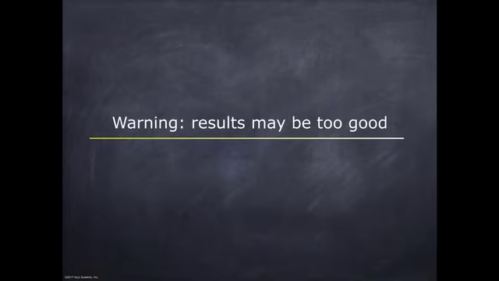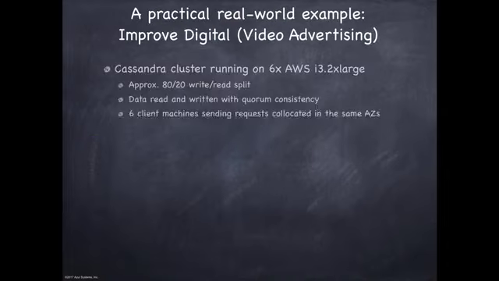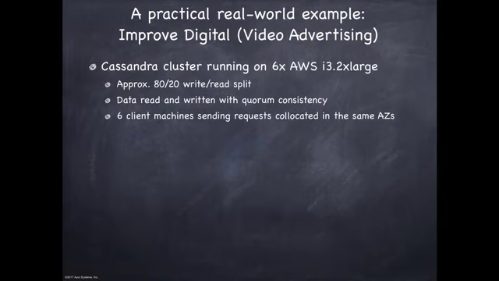Just to talk about a particular example of a customer that we had, I'm going to give a warning here: your mileage may vary. We're not saying that everybody's going to get results as good as this, but this is just an example of a real world customer. This was video advertising, and they had a Cassandra cluster, which is a very common thing that people have.